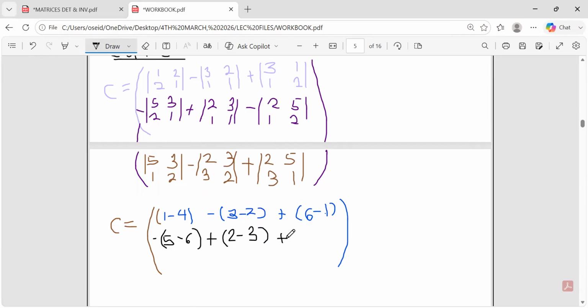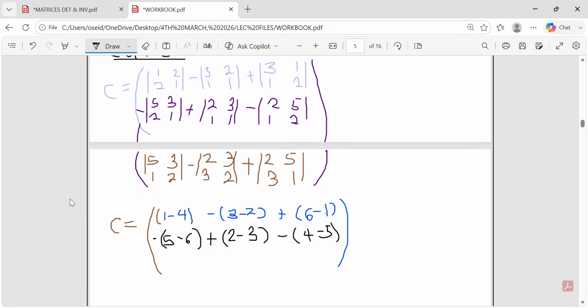Plus, minus, 2 times 2 is 4, minus 4. 2 times 2 gives you 4. Minus 5, because 1 times 5 is 5.